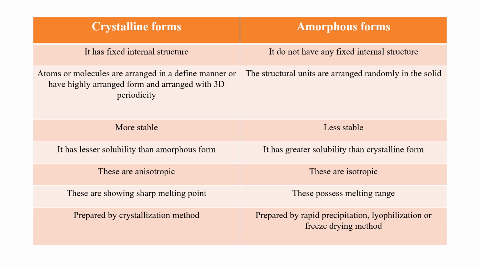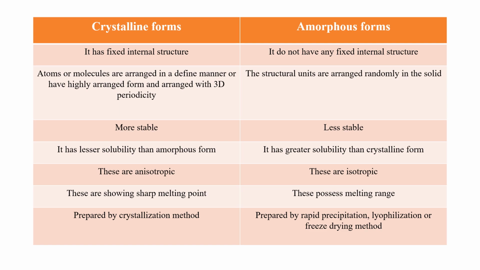Here in this slide, I want to discuss the differences between the crystalline form and the amorphous form. In the crystalline form, we can see that it has a fixed internal structure because it has a 3D form. And the amorphous form doesn't contain any fixed internal structure.